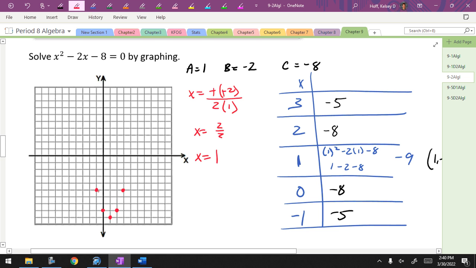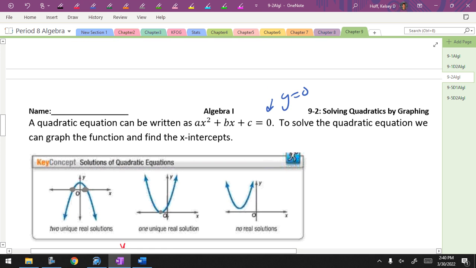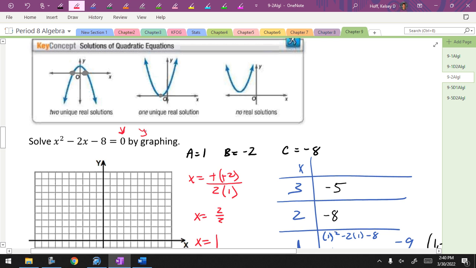Now, the whole purpose of graphing this is to solve by graphing. What am I looking for? It equals 0. What equals 0? Y equals 0, which Alexa reminded us are really just our x-intercepts, yes?